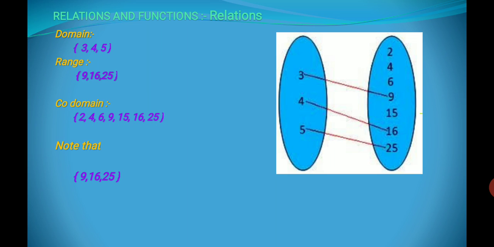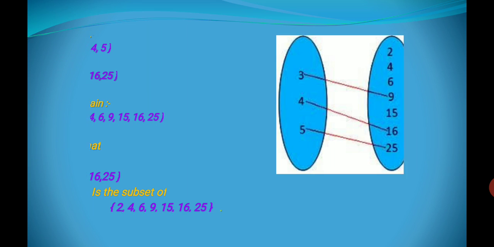Note that 9, 16, 25 are members of the second set, so the range is always a subset of the codomain. 9, 16, 25 is a subset of the whole set 2, 4, 6, 9, 15, 16, 25. Are you clear, my friend? Okay. Let me go to the next slide.